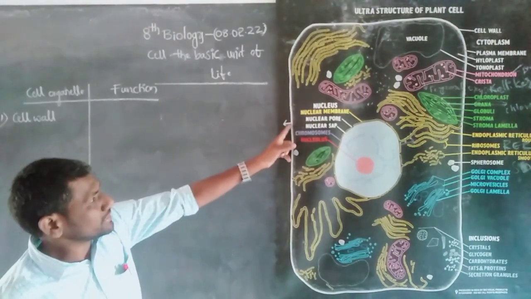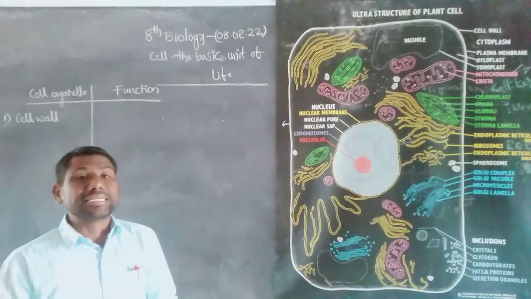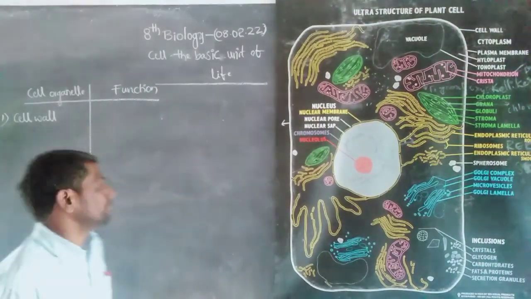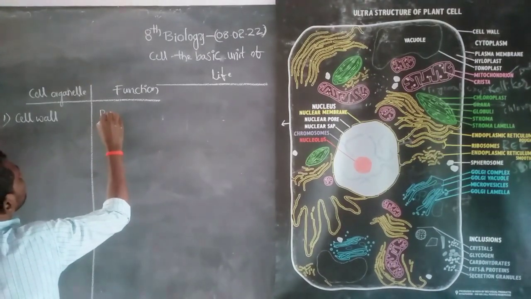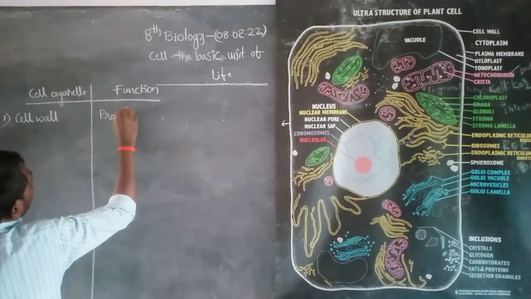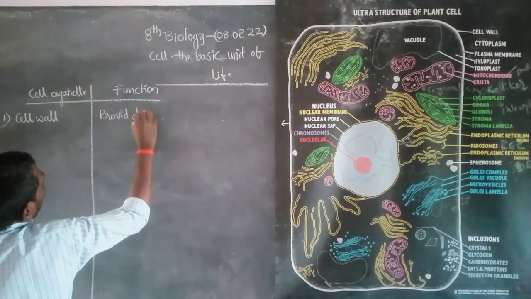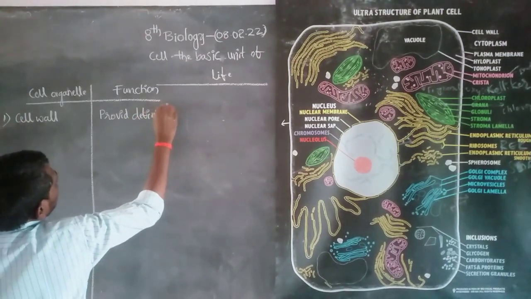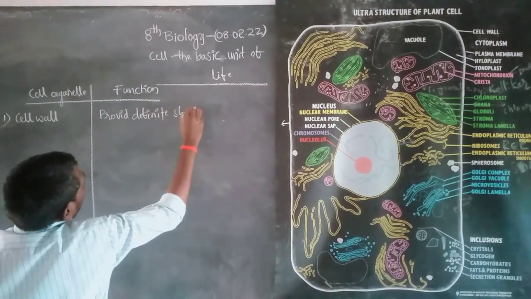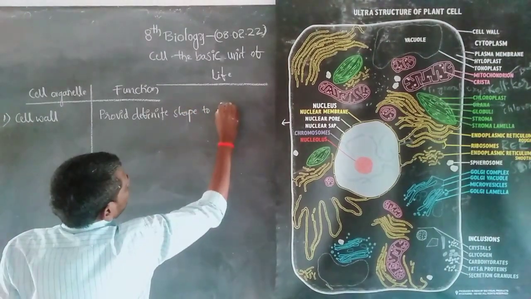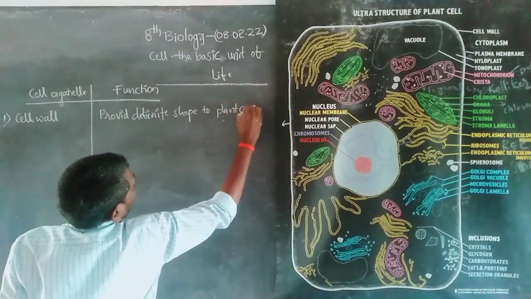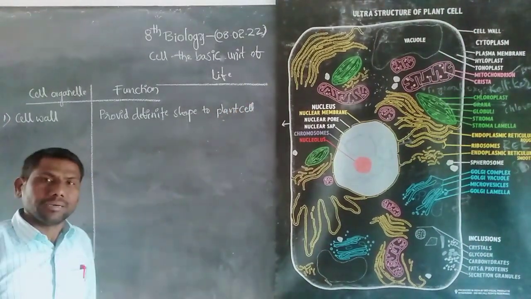What is the function of this cell wall? It provides definite shape to the plant cell. Why? Because it is present only in plant cell.